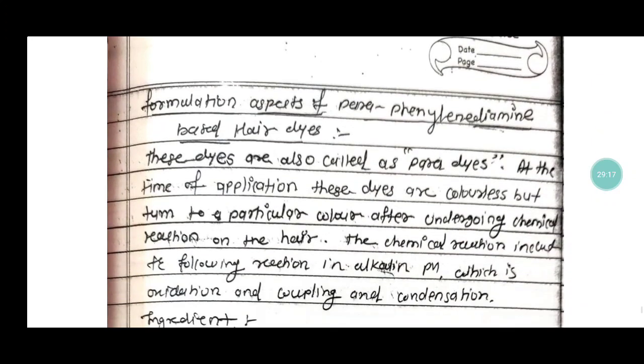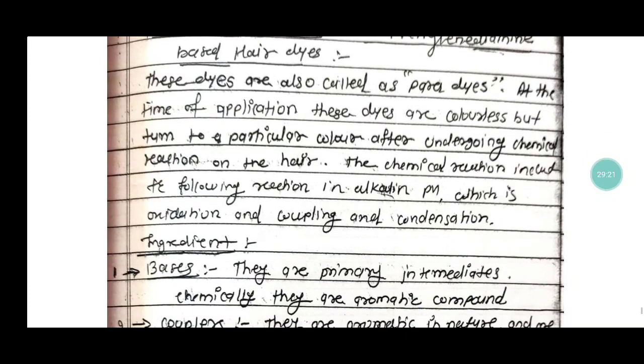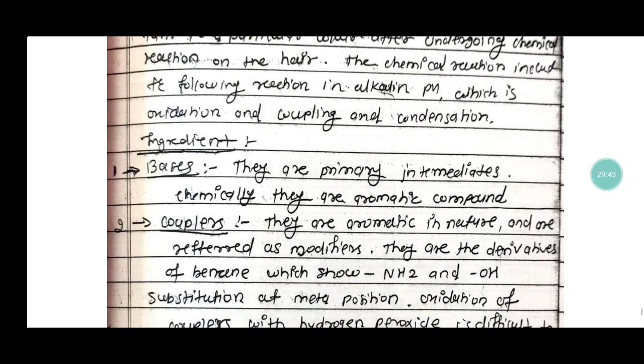And the formulation aspects for PPD, based on hair dyes: it is also called a para dye. At the time of application these dyes are colorless, but they turn to a particular color after undergoing a chemical reaction on the hair. The chemical reaction includes alkaline pH, oxidation, coupling and condensation.